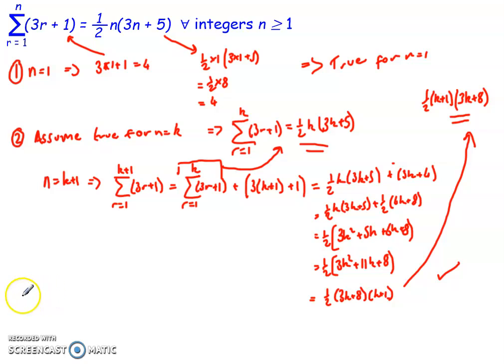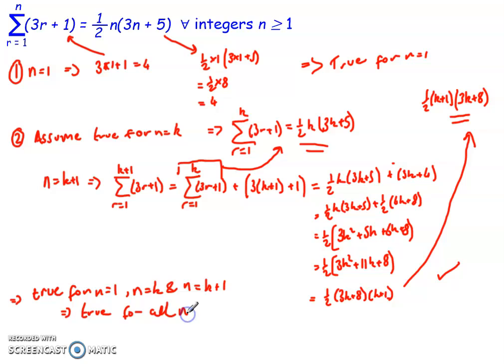So then I can say my induction, which means therefore that implies that since it's true for n equal to 1, n equal to k, and n equal to k plus 1, the implication from this is that it's true for all n where n is greater than or equal to 1 and it's the integer values.